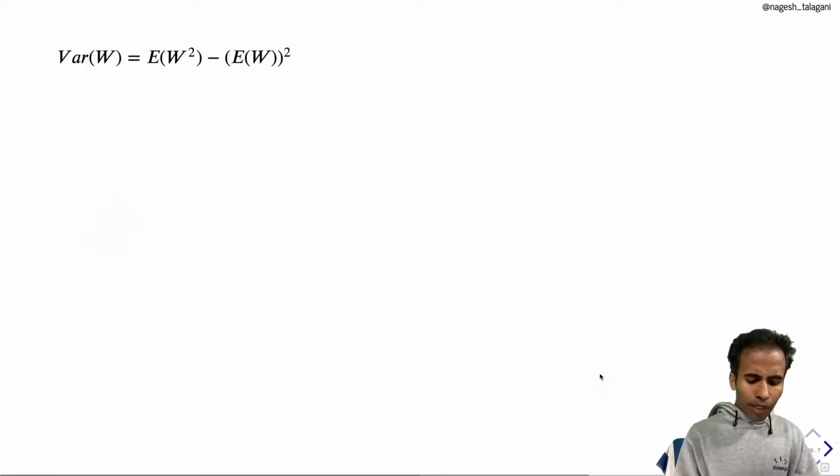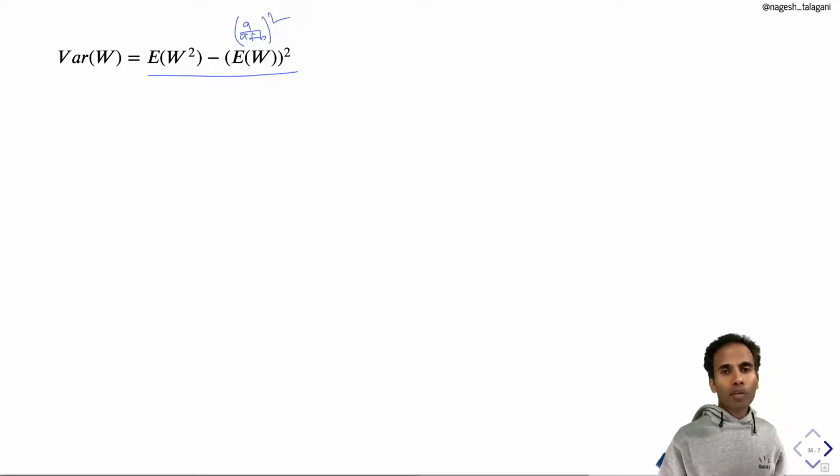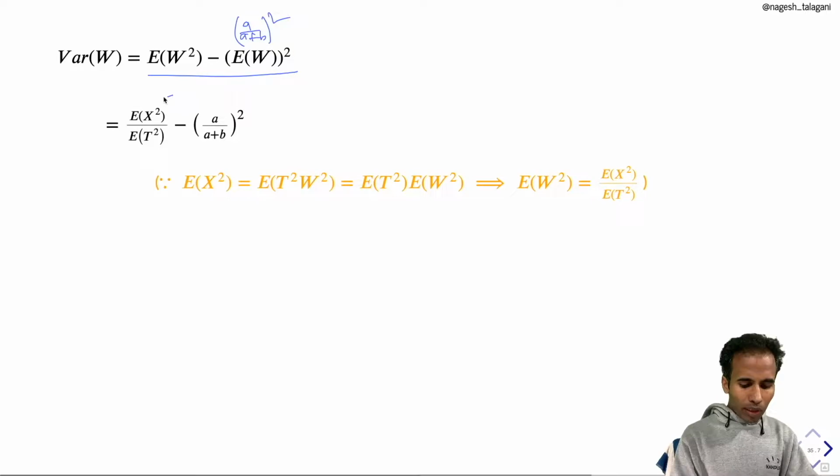We compute the variance of W using this formula: expectation W square minus expectation W whole square. Expectation W we already got, that is A by A plus B. So this is going to be A by A plus B whole square. Now this expectation of W square, I can write as expectation X square by expectation T square, because X equal to TW, right? That implies X square equal to T square W square.